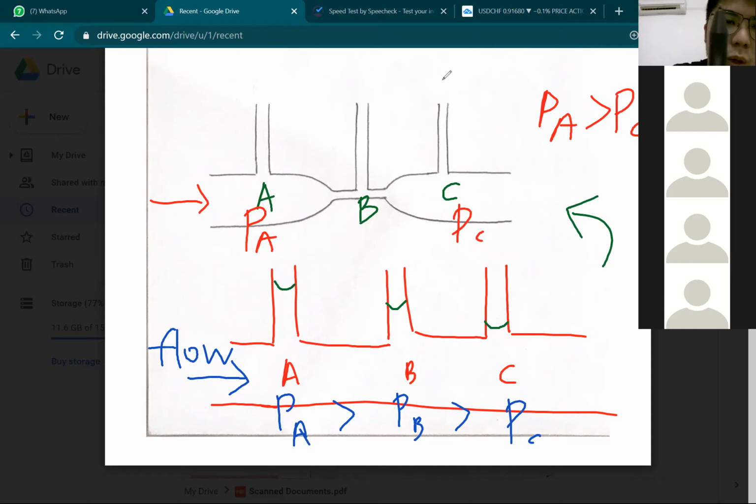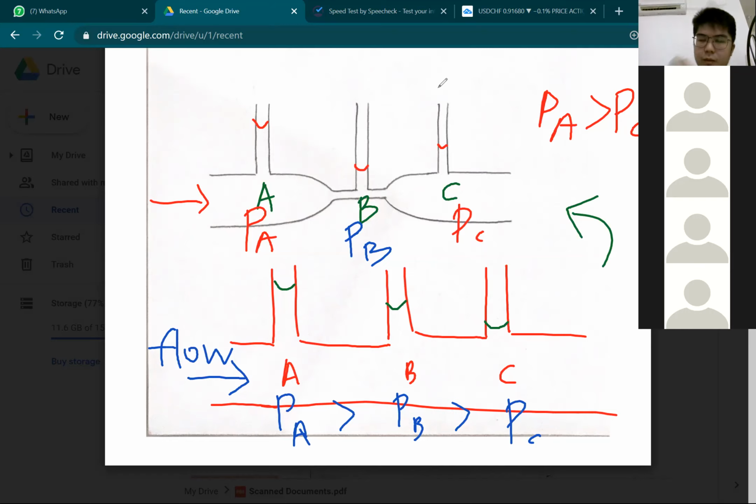So of course, the water level at A must be higher than C. Now, if you combine with the Venturi effect, pressure at B should be the lowest, even though it is before C. Why? Because of the increase in the flow speed. So the water level at B is the lowest, like this. Technically, this is the highest, A, followed by C, and then the lowest is B.